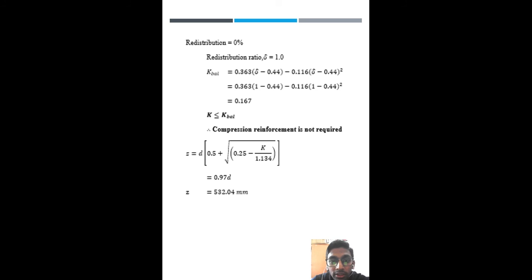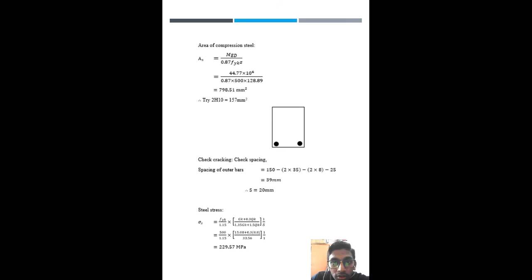Our K is less than K-bell, so the compression reinforcement is not required. Next we calculate the Z and we get 532.04.